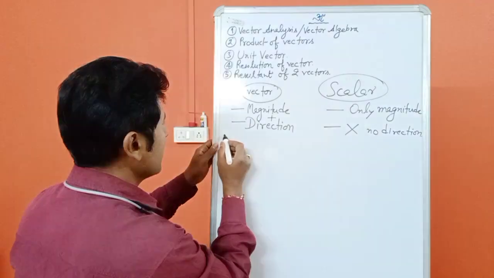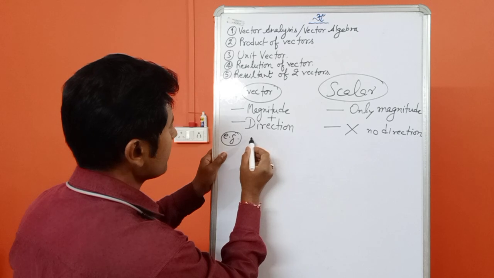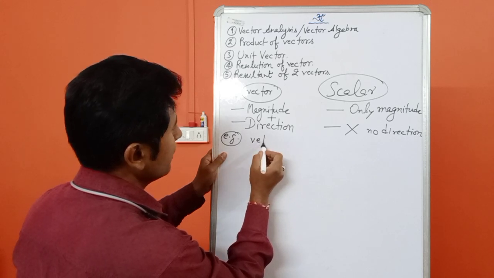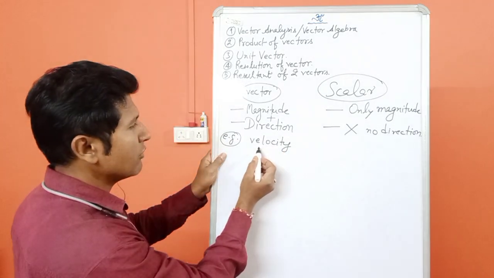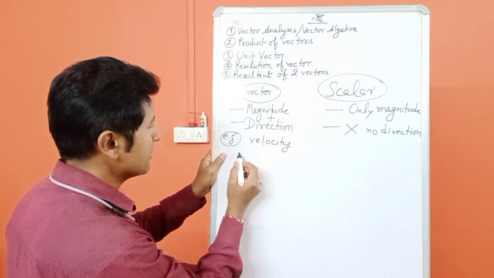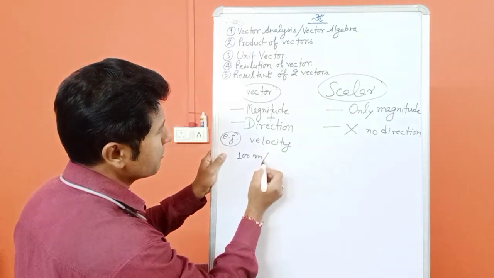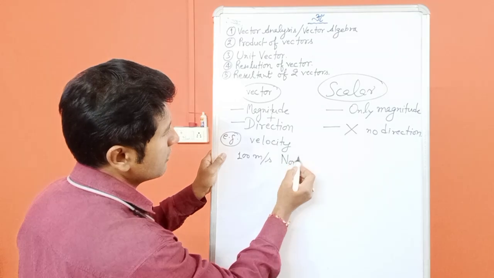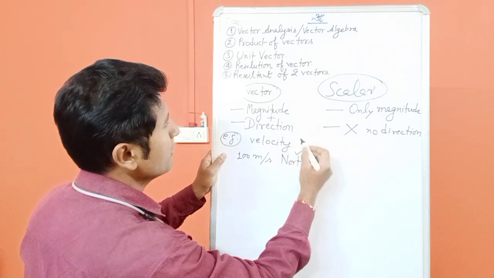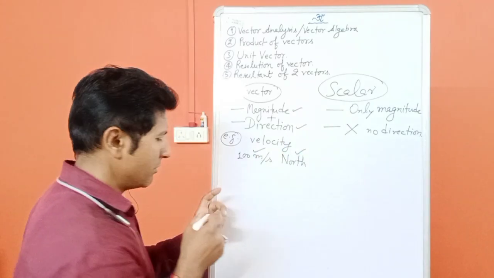Now for example, we can say velocity. When we say velocity, let's suppose we have 100 meter per second north. So here we have a direction, of course, and we have a magnitude, right?